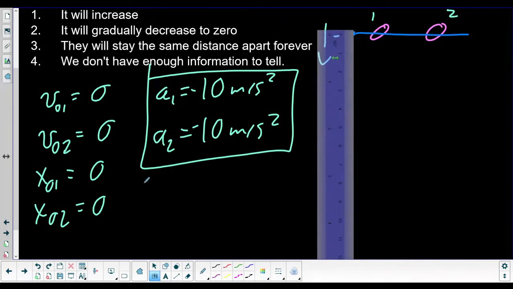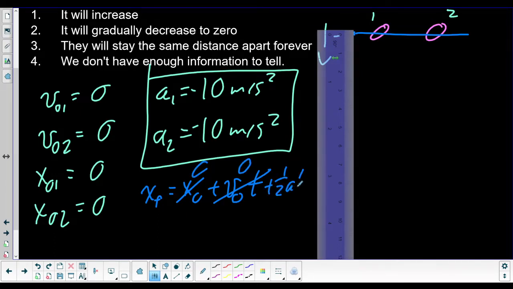So x final, or the position we're at, equals x initial, which is 0, plus v naught times time, initial velocity is 0, plus 1/2 a t squared. Okay, a is -10, so 1/2 times -10, that's -5. So our final position equals -5 times time squared.